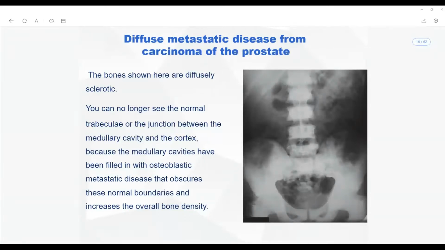Right? One of the most famous organs for having secondary metastasis to the bones is the prostate. But lung cancer, or breast cancer, has a different secondary metastatic region, right?